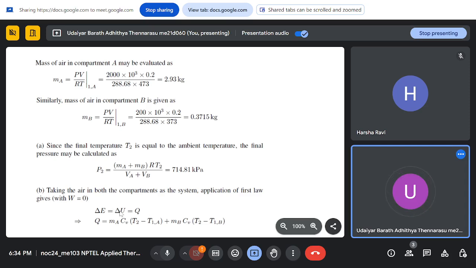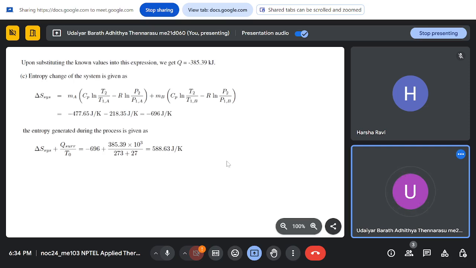So your delta U will become m Cv delta T for each of the compartment masses. So mass A into Cv, the final temperature is T2, but initially it was at temperature 200, and for mass B, the final temperature is the ambient temperature minus the initial temperature, which is 100 degrees Celsius.